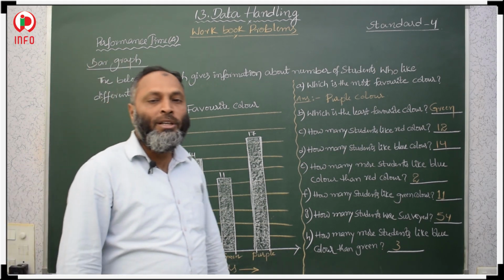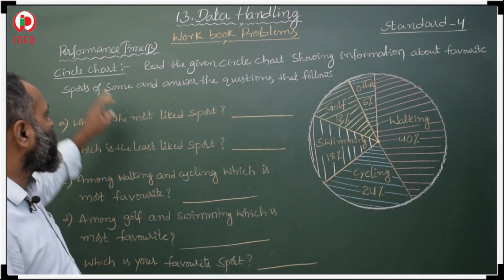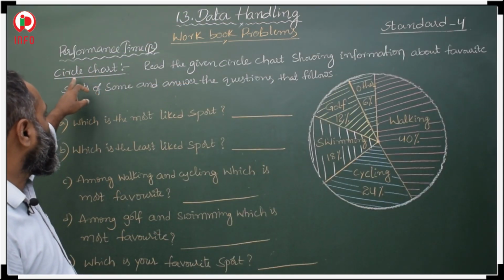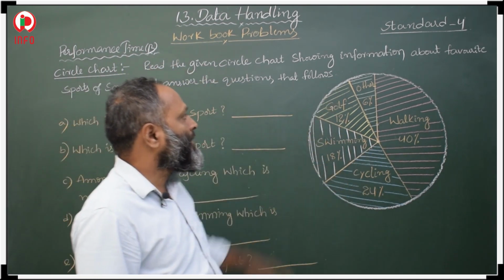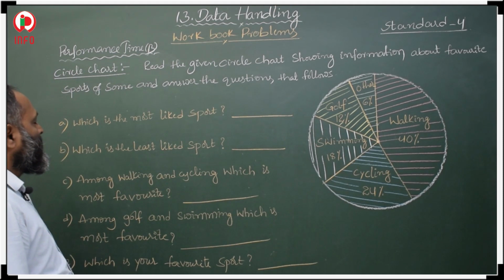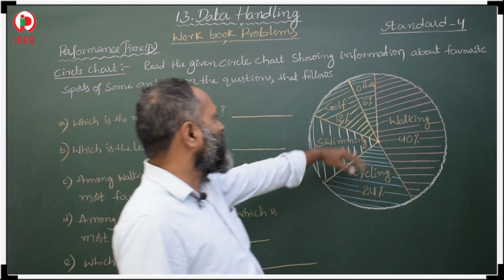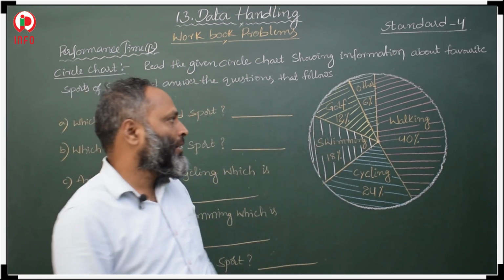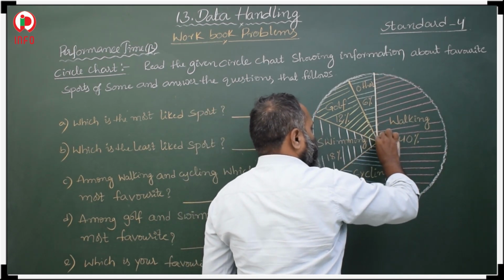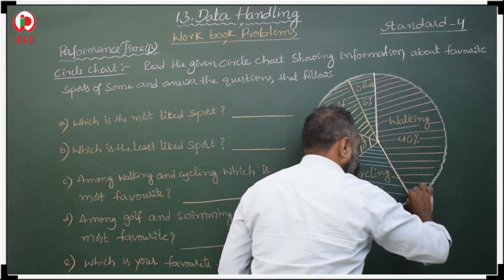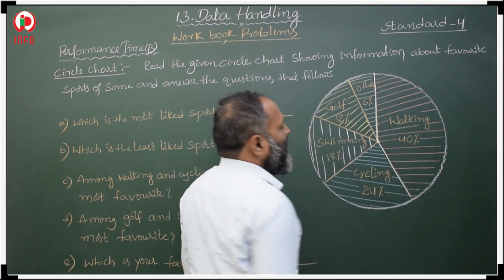Now, the next concept in performance time B: circle chart. Here a circle chart is given with information. First we should read the information and answer the following questions. This is the first sector, which represents walking, 40%.